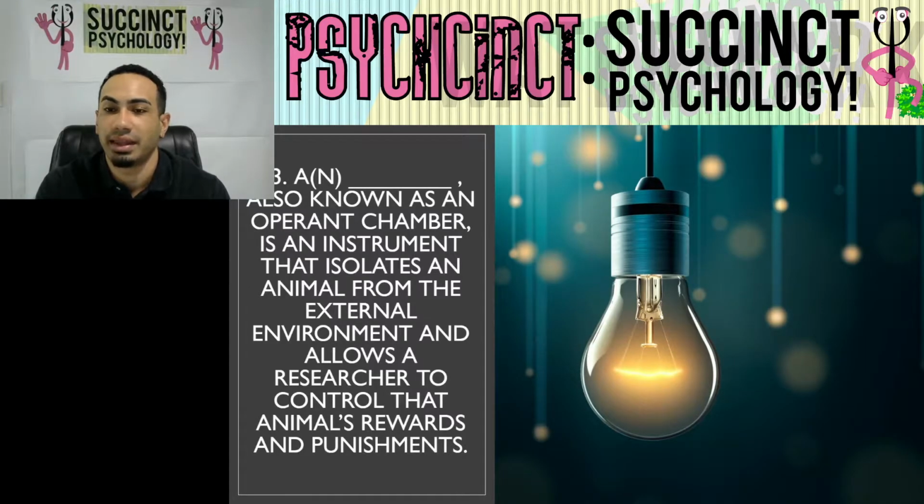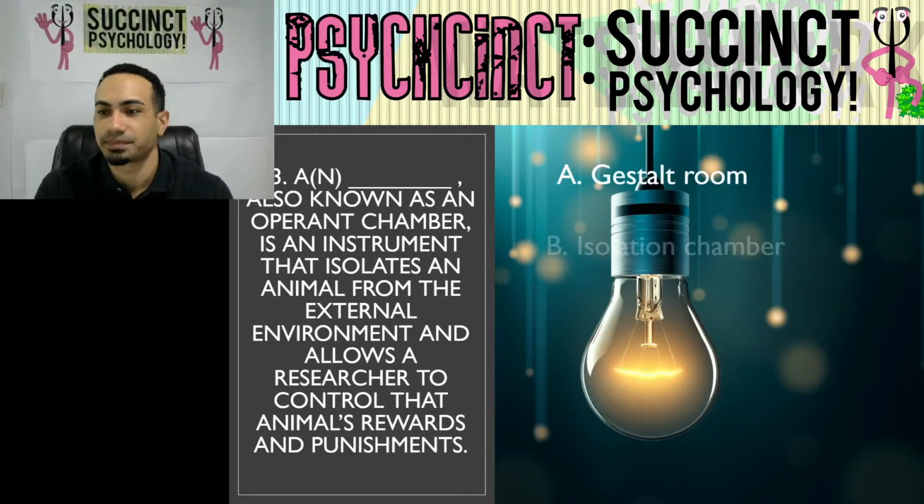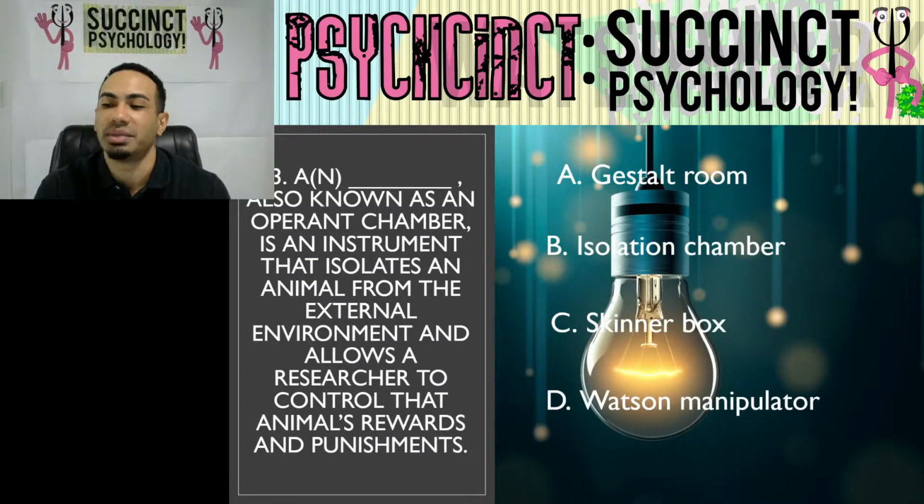Alright, a blank, also known as an operant chamber, is an instrument that isolates an animal from the external environment and allows a researcher to control that animal's rewards and punishments. We have A, a Gestalt room, B, an isolation chamber, C, a Skinner box, or D, a Watson manipulator. Alright, let's think about this. So, also known as an operant chamber, deals with animals and rewards and punishments.